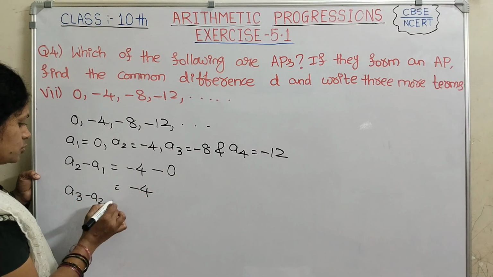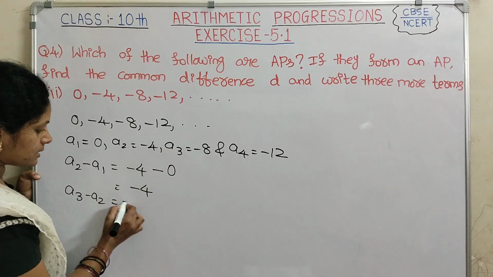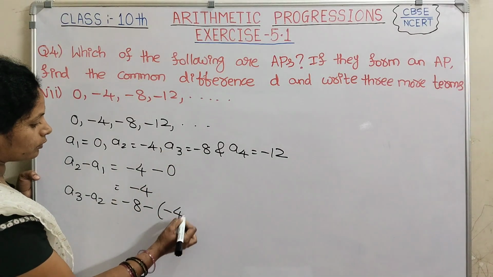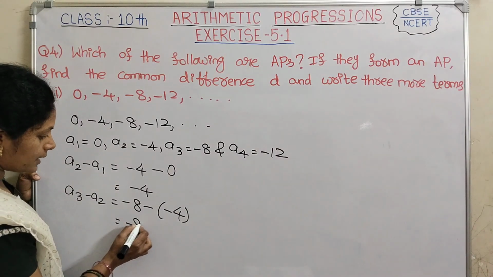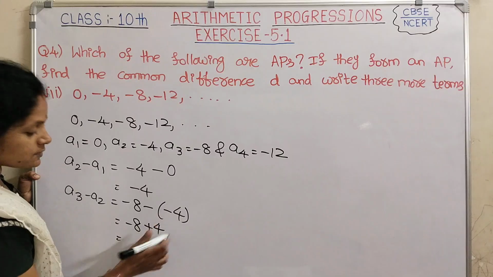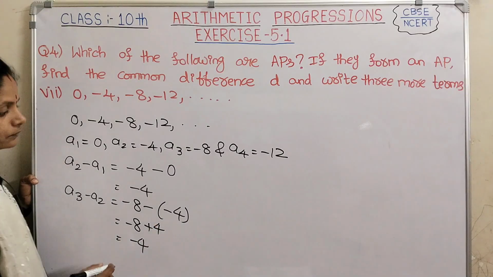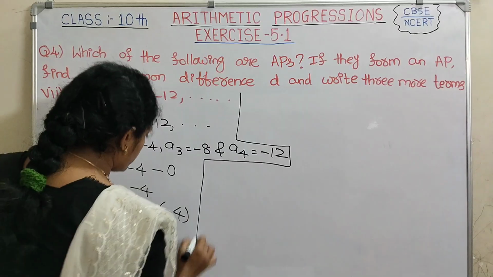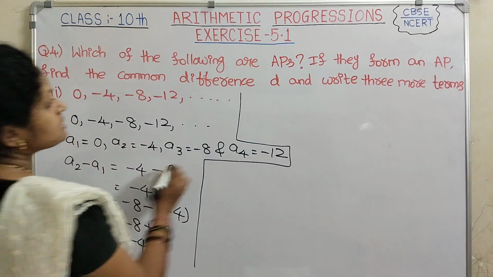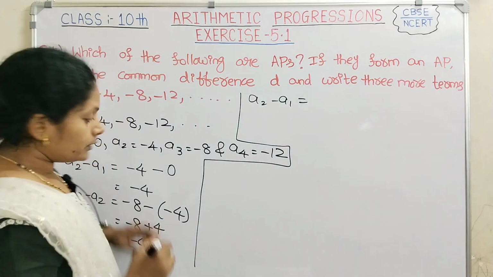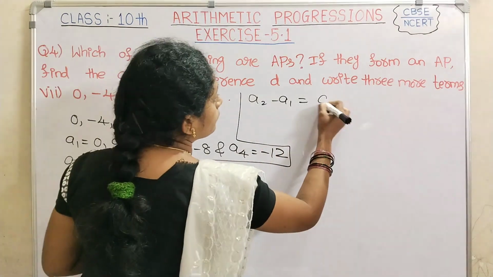A3 minus A2. A3 is minus 8 minus of A2, which is minus 4. Minus into minus is plus 4. Minus 8 plus 4 gives us minus 4. Here A2 minus A1 is equal to A3 minus A2.